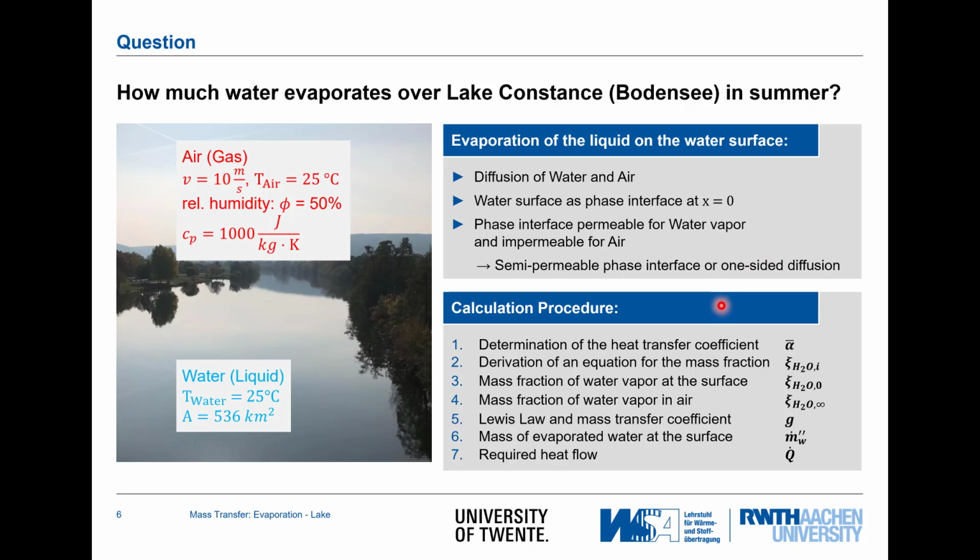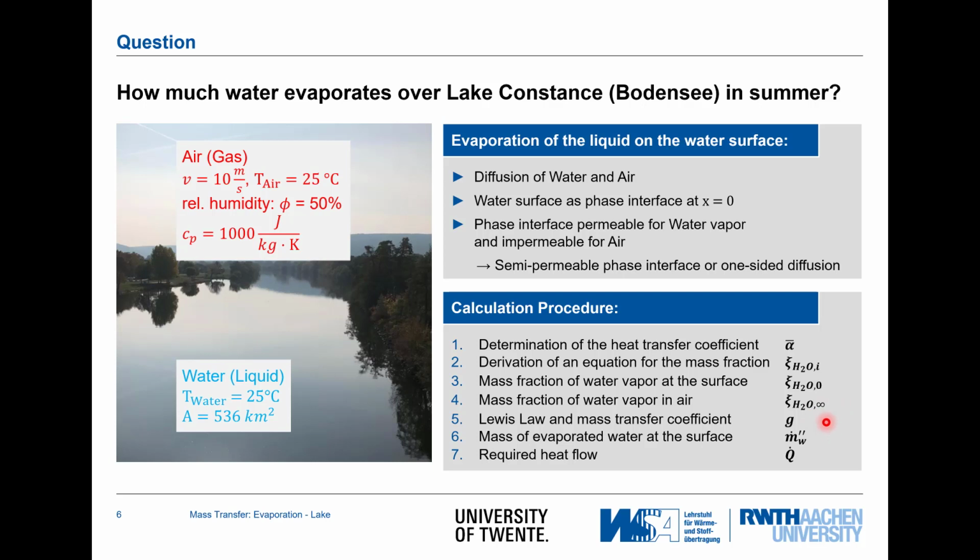Now the calculation procedure. We'll first have to determine the average heat transfer coefficient, then the mass fraction somewhere above the surface, the mass fraction at the interface, and the mass fraction far away from the surface.